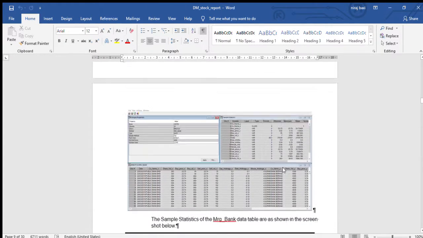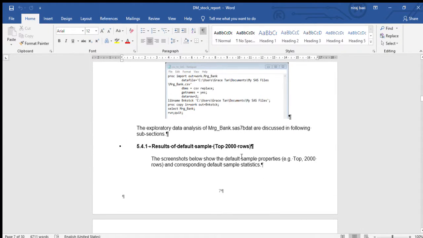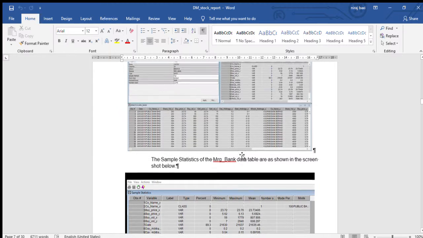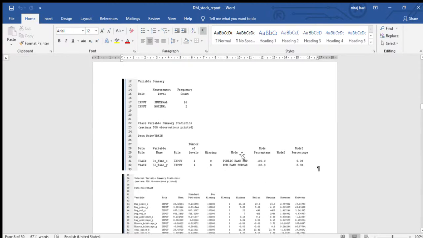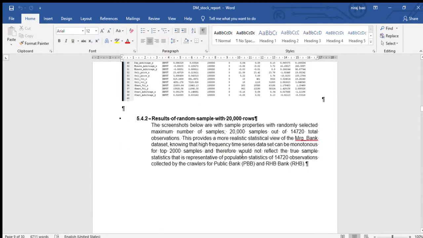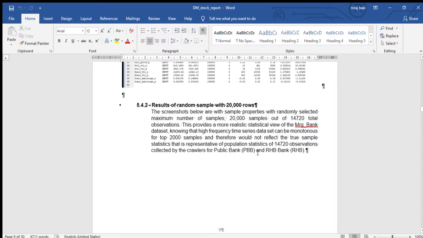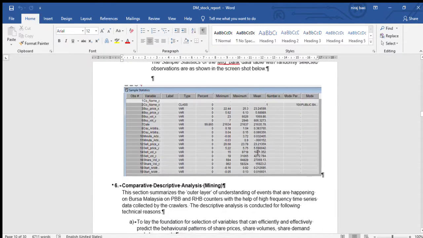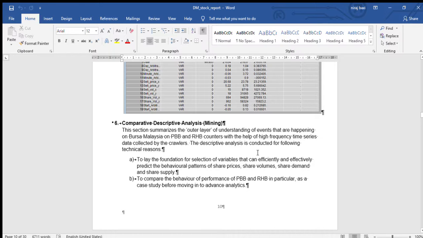In the first section, we just look at the top 2,000 rows, and then we use filters to select a random sample of 20,000 rows to give a summary which is more representative.